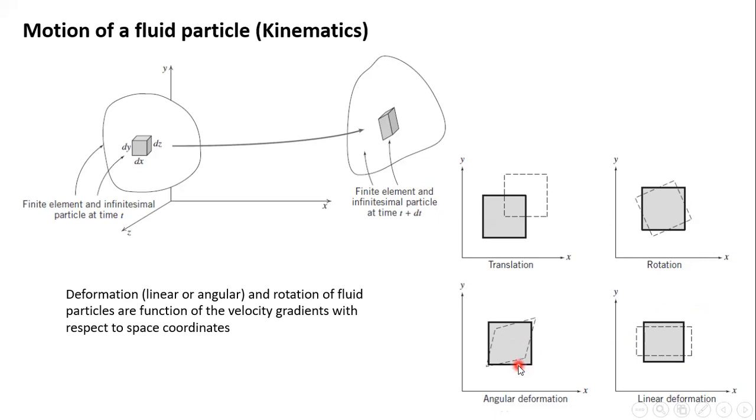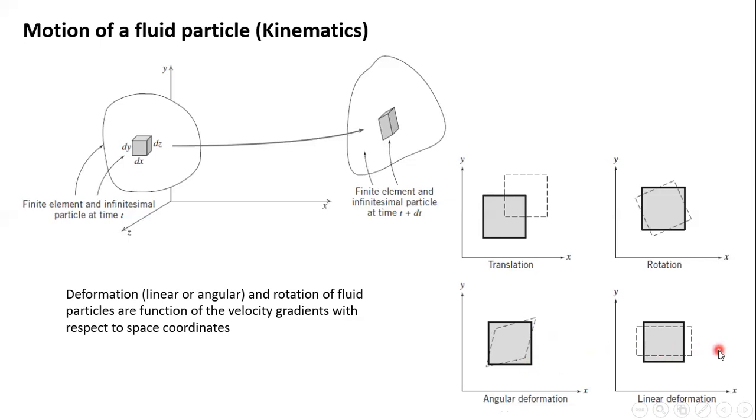Here we can see that the angles between the lines have changed. So this kind of deformation is called angular deformation. The fluid particle could deform longitudinally, could deform by angular deformation.